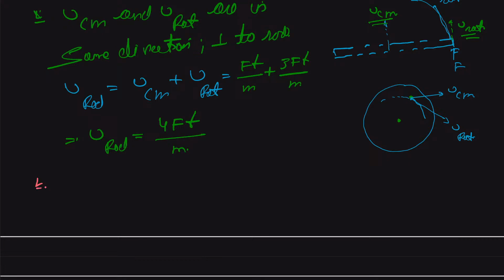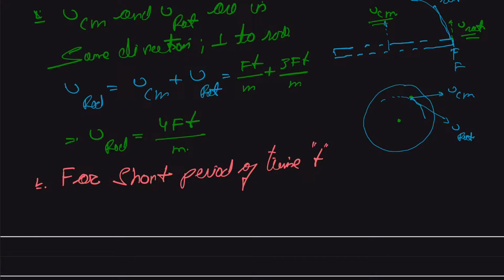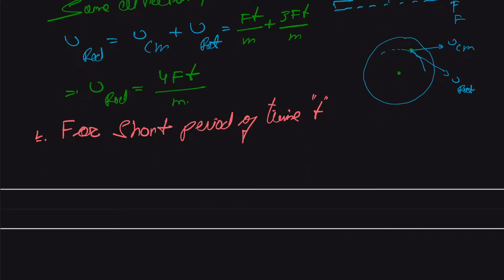We can say that for a short period of time t, the acceleration of the rod will be equal to the velocity of the rod divided by time t.